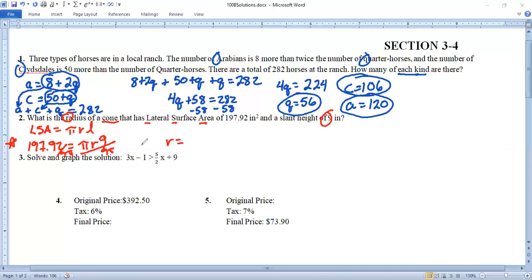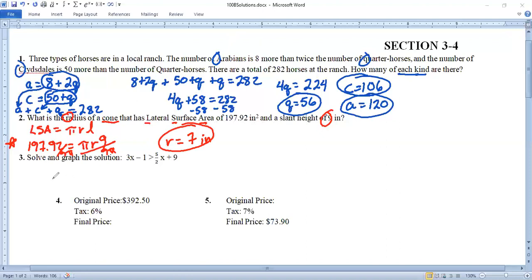We hit enter and we get 6.9999. Okay, I'm going to say 7 inches. Notice we're looking for a radius, so it's a one-dimensional answer, 7 inches.